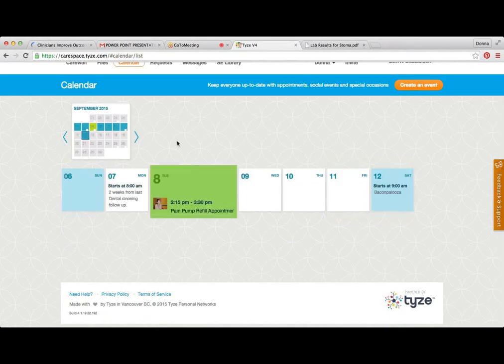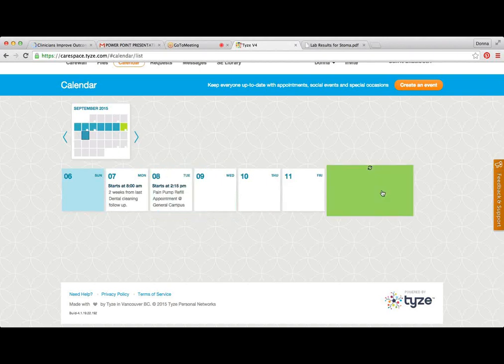So here we are able to see, for example, there's a dental appointment and cleaning follow-up, and the next day at 2:15 there's a pain pump refill appointment. Whereas on the Saturday, there's a festival that Nicholas might have liked to go to called Bacon Palooza. That's a festival all about bacon, apparently, in Ottawa. And so that's on his agenda.